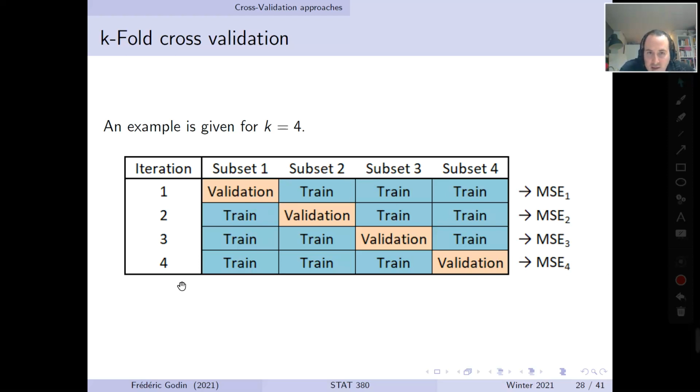Okay, so here in this K-fold cross validation, there's no observation that is left out from the performance assessment, and here all observations from the entire data set are used at some point or another in the performance evaluation.